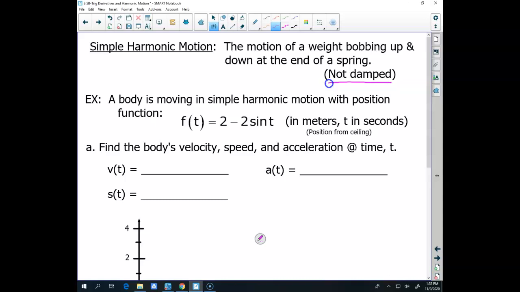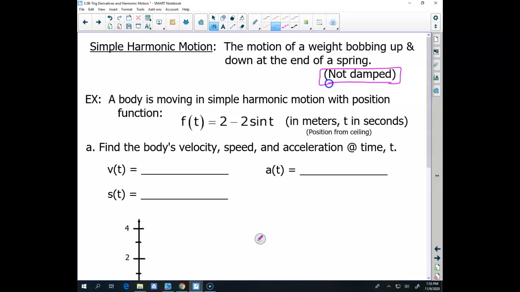Now, logically, we know that is not going to happen, but we are not doing a dampened factor on that, which means the spring is going to bounce as high and as low as it does the first cycle as it does all cycles, okay?